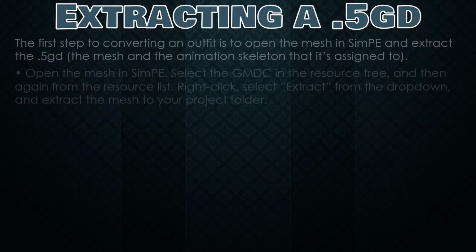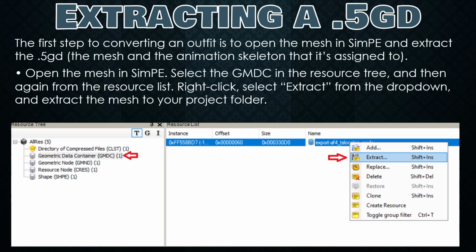Extracting a 5GD. The first step to converting an outfit is to open the mesh in SimPE and extract the 5GD. That's the mesh and the animation skeleton that it's assigned to. We open the mesh in SimPE, we select the GMDC in the resource tree, and then again from the resource list. Right click, select extract in the drop down, and then extract the mesh to your project folder.